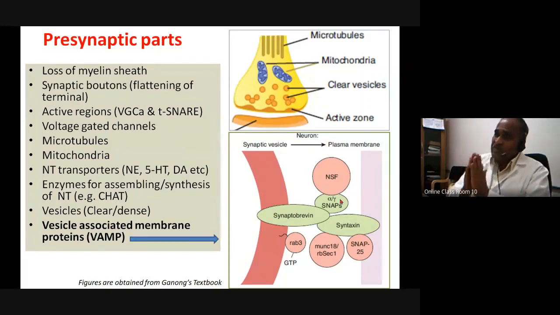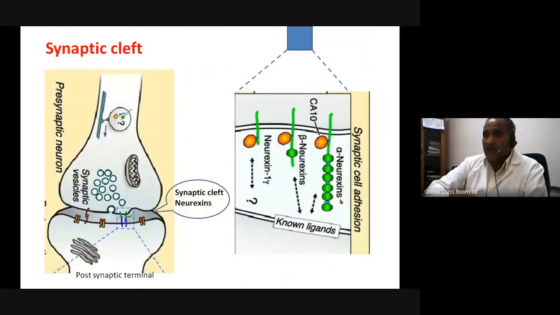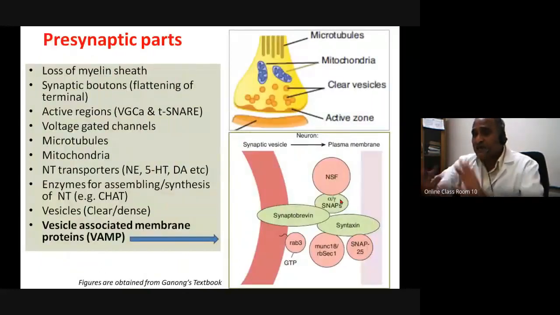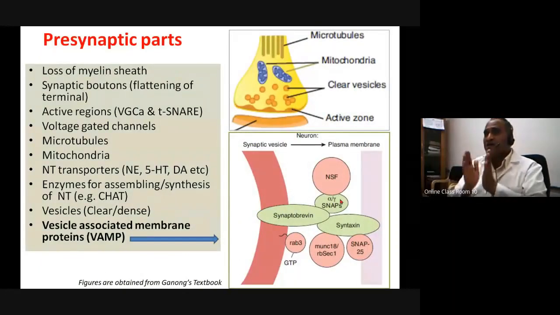I will talk about these vesicle-associated membrane proteins when I talk about transmitter vesicular movement and transmitter release, maybe in the next class. Now coming back, we have covered the topic up to the presynaptic components.